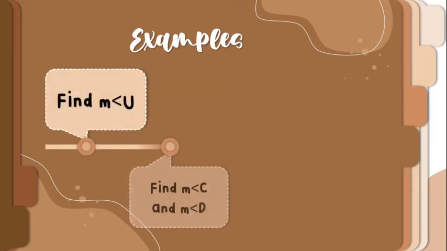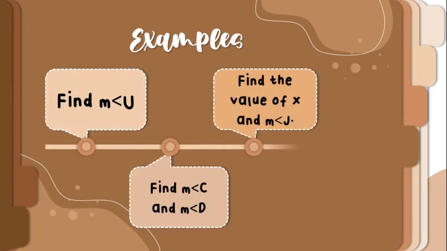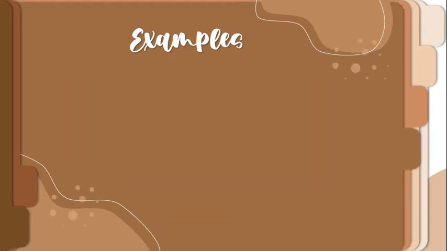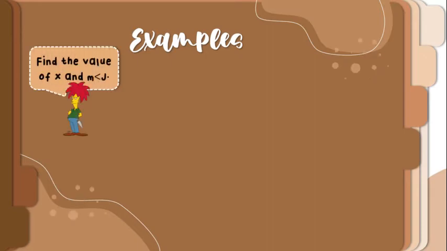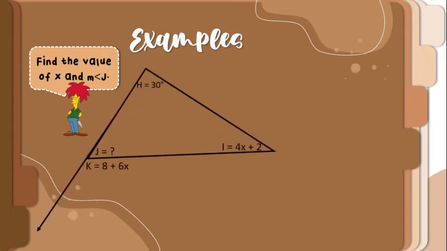Now let's go to the third and final example of our lesson. Find the value of x and the measurement of angle J. We are down to the last example, and that is to find the value of x and the measurement of angle J. And this is the figure that we have.